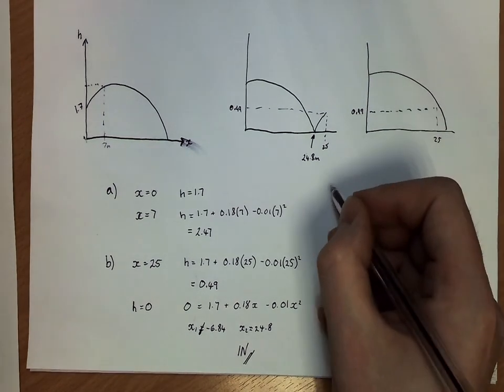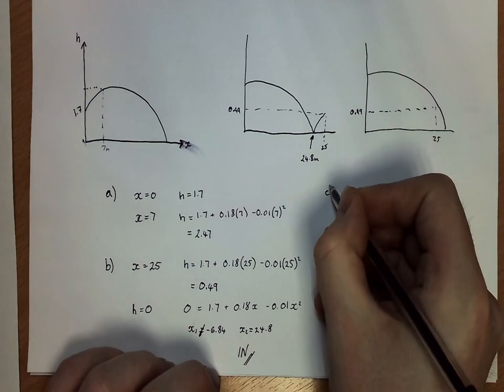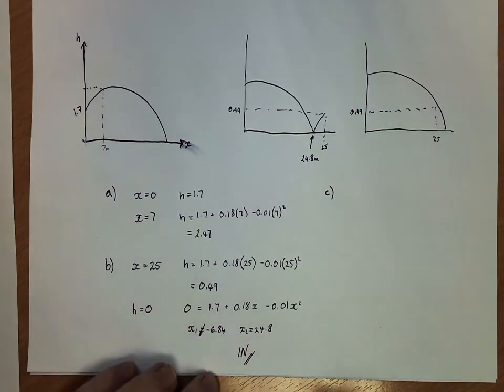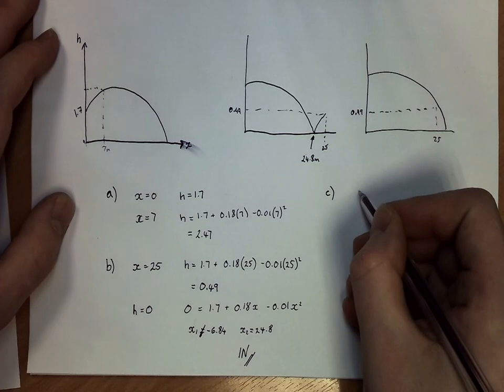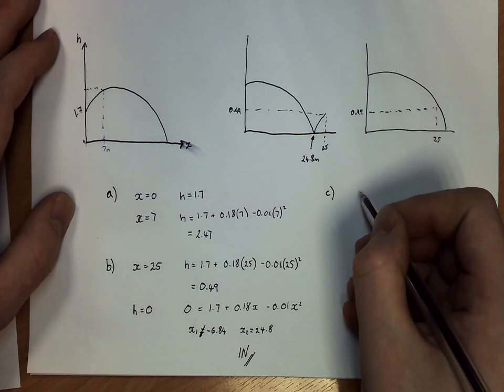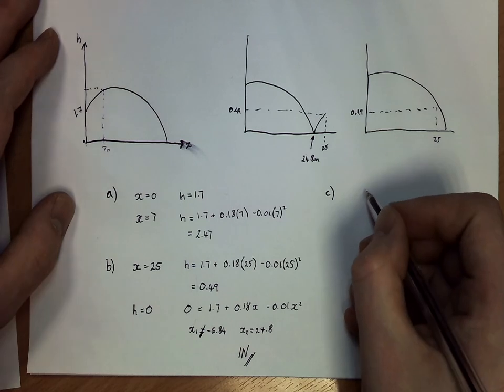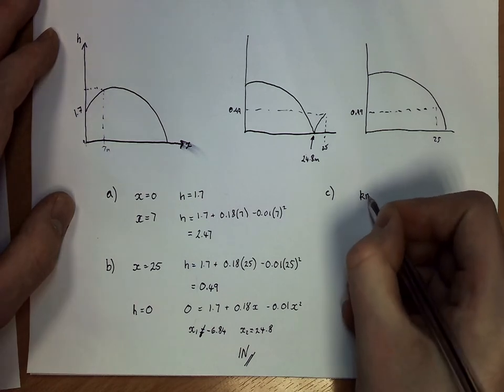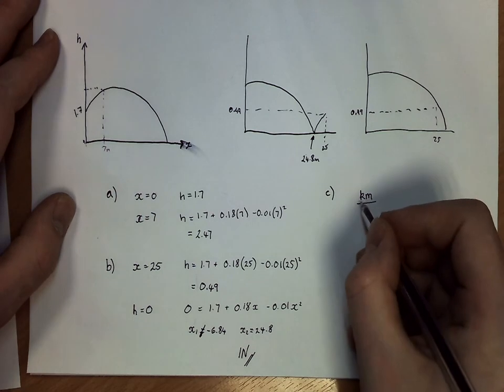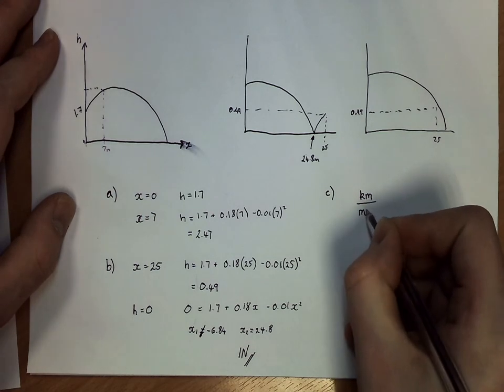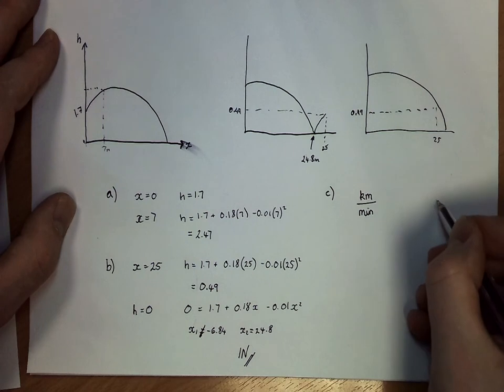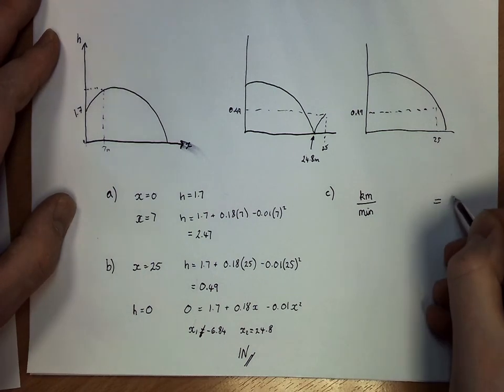In part C, it's asking you to change units. It's asking you to change from kilometers per minute to meters per second.